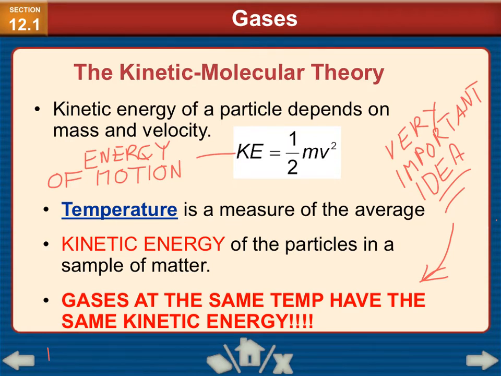And that's an important distinction, that the larger the gas molecule, the slower it's going to move. So CO2 moves more slowly than helium, even when their kinetic energies are the same. All right, so that's some more information on gases.